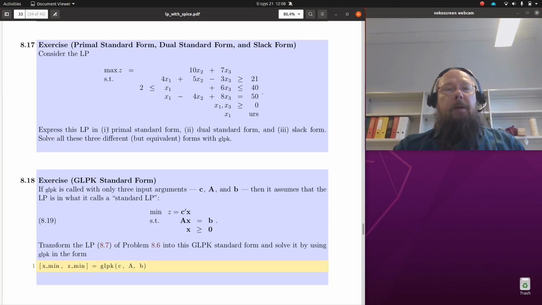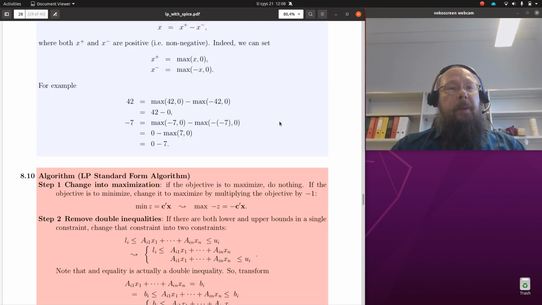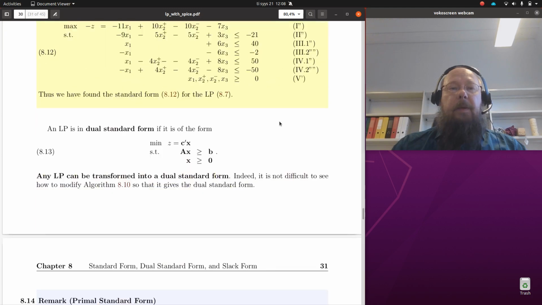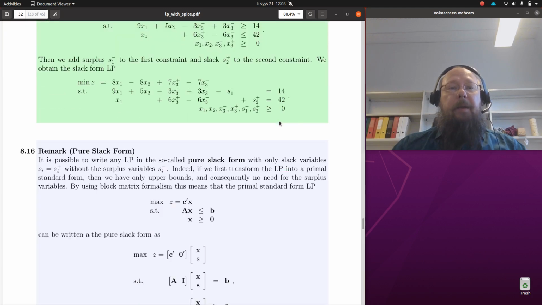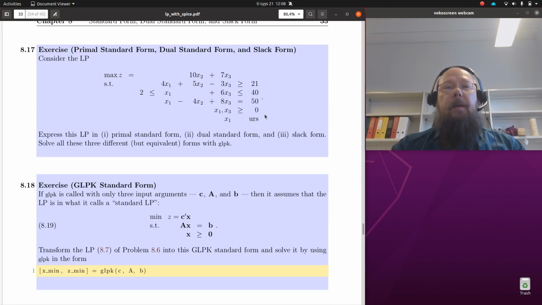You start with the primal standard form, and you just follow algorithm 8.10, if I remember correctly. Let me check whether I remember. Yes, 8.10. So go to this algorithm, follow it precisely. After you have done that, you have gotten this thing into a standard form.